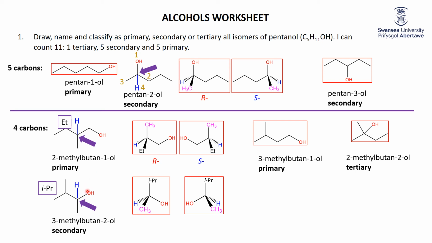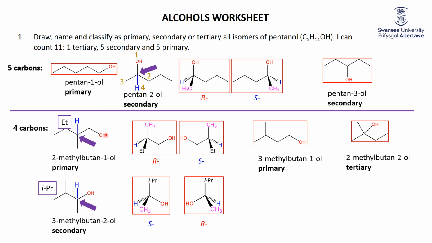Now as far as priority goes, again, oxygen is going to be number 1. This carbon that has 2 carbons on it, the isopropyl, is number 2, methyl number 3. So 1, 2, 3, we're going anti-clockwise, so that's the S, and here we go 1, 2, 3, so that's clockwise, that's R.